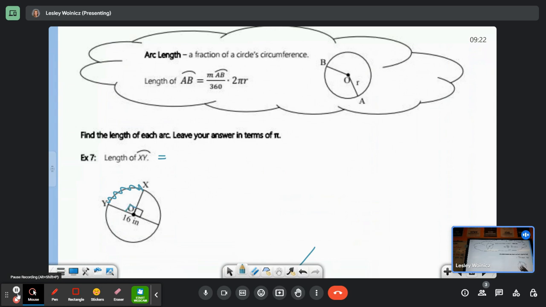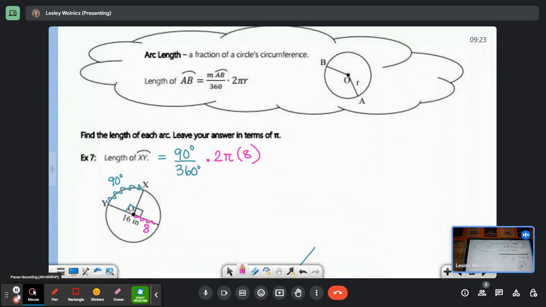This one is 90, so its central angle is 90, so its arc measure is 90. So 90 degrees out of the 360 total degrees times 2 pi r. What is our radius? 8. So times 2 times pi times 8.